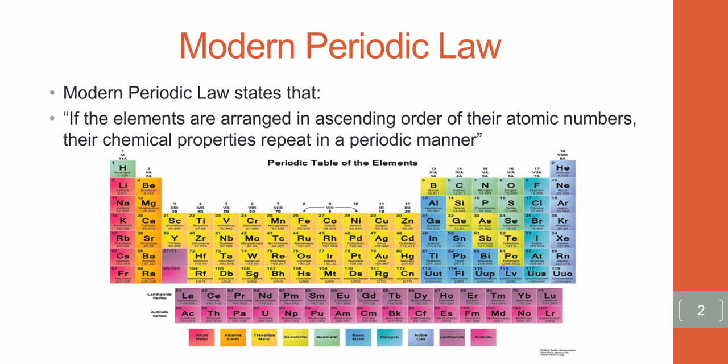Either these properties repeat in the form of groups or in periods. तो basically आपके पास जो modern periodic table है, इसकी जो base है, it's the arrangement of elements in increasing order of atomic numbers.